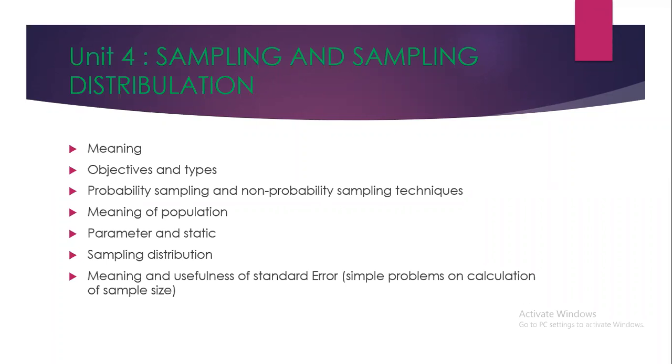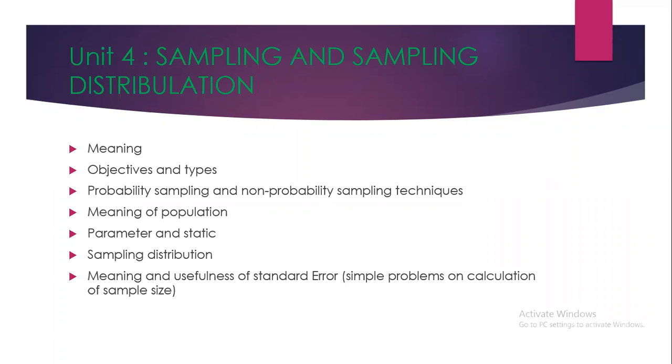For the purpose of statistical investigation, we use the census and sample methods to collect the data. In this situation, how we are collecting, what is meant by population, how you are measuring the population by certain parameters, the sampling distribution, and what is the standard error.